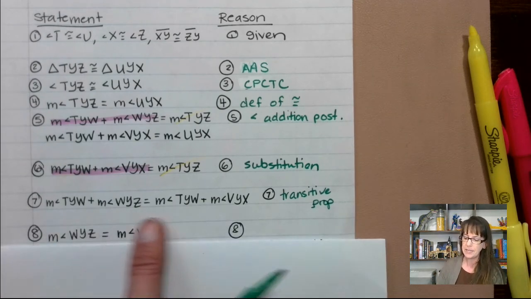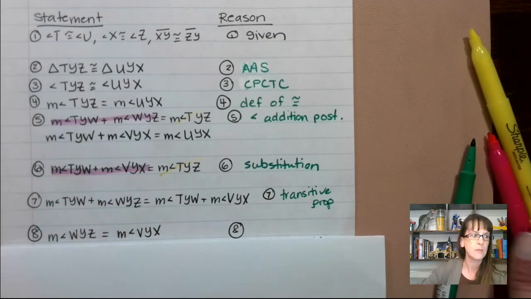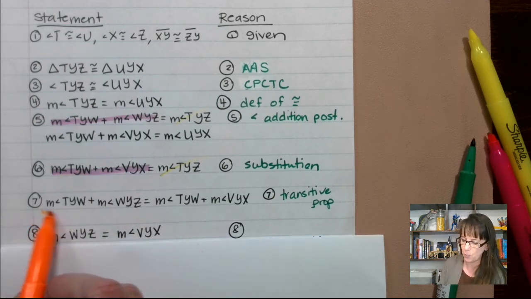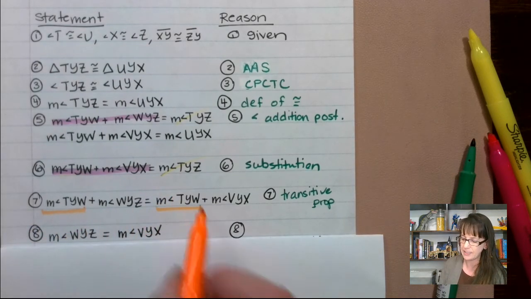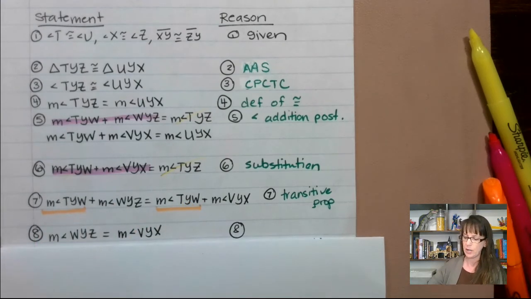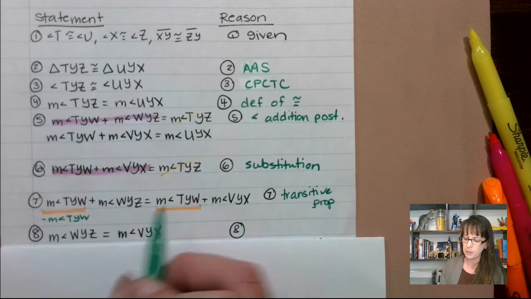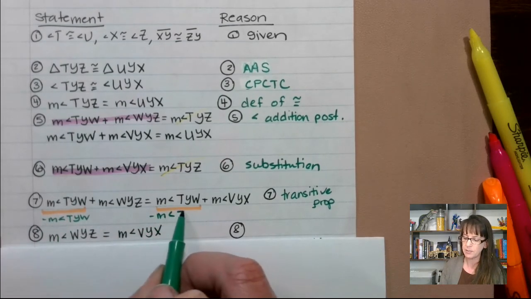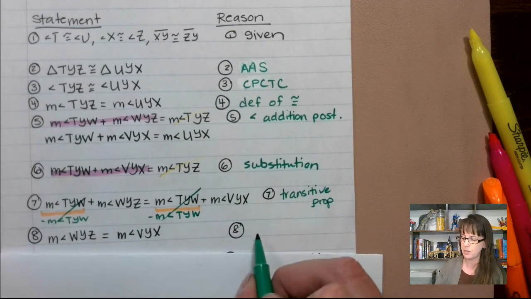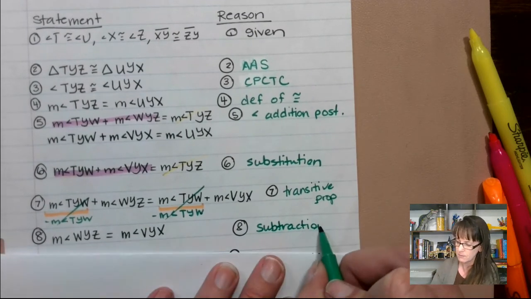Okay. So from here, I can see that I have TYW on both sides. Now I'm just getting fancy because I want to use a different color. I can get rid of those on both sides by using the subtraction property. If I subtract the measure of angle TYW on both sides, bam, bam, get rid of those. That's the subtraction property.